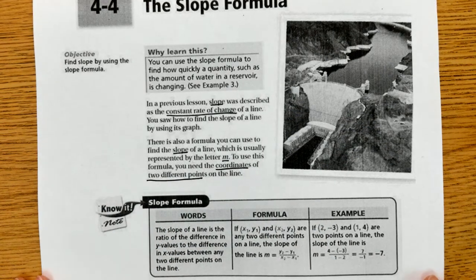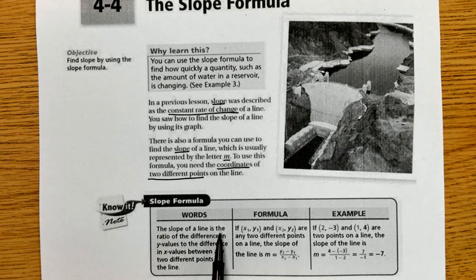So the slope formula: the slope of a line is the ratio of the difference in the y values to the difference in the x values between any 2 points on the line.